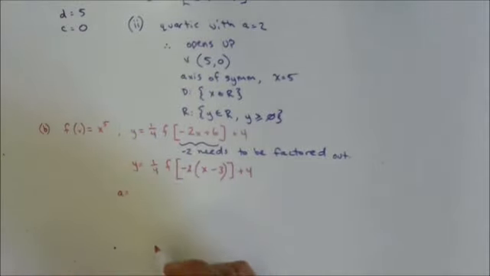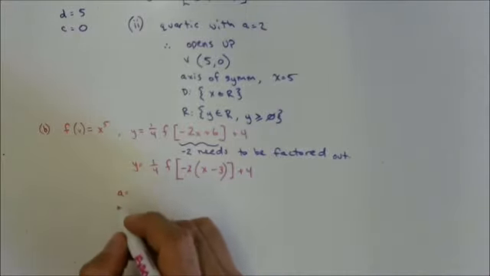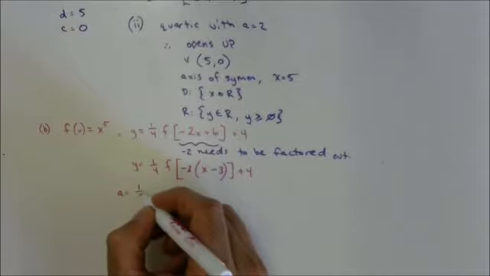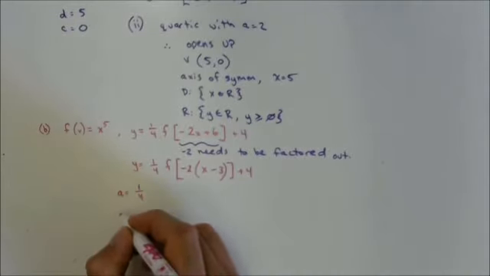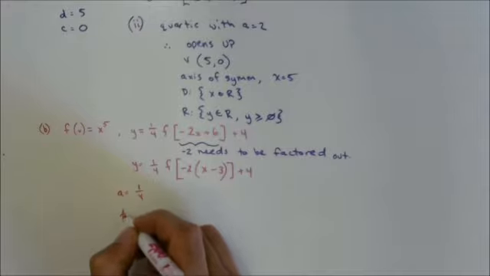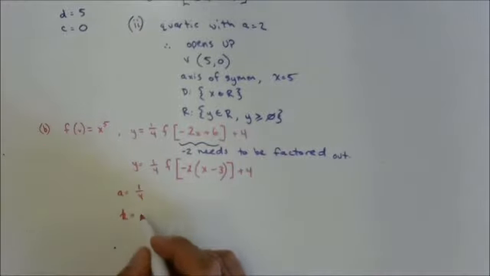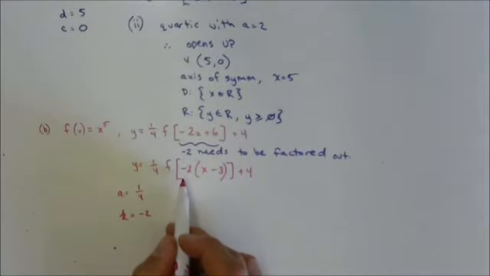A. Good job, 1/4. That's going to be a vertical compression by a factor of 4, 1/4. Okay? Then we have a k. K is negative 2, so that is a horizontal compression by a factor of negative 1/2.